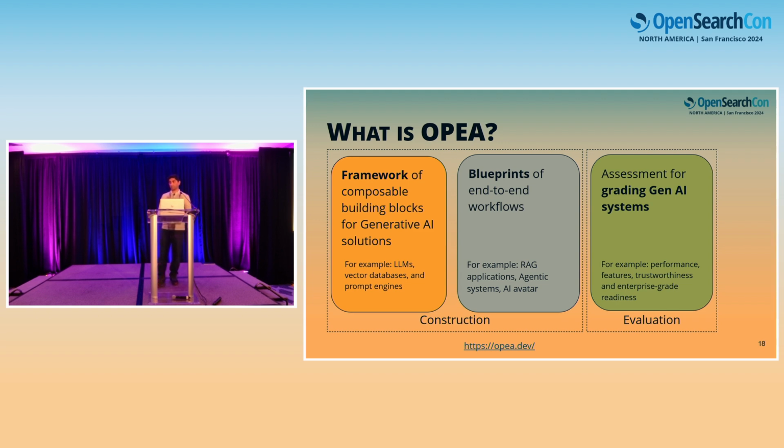There's vector databases, there's LLMs, prompt engines. And with these building blocks, you could come up with a blueprint, which is an idea of how you want an end-to-end pipeline to look like. RAG would have a pipeline, similarly, agent systems, AI avatars, all of them have different blueprints.